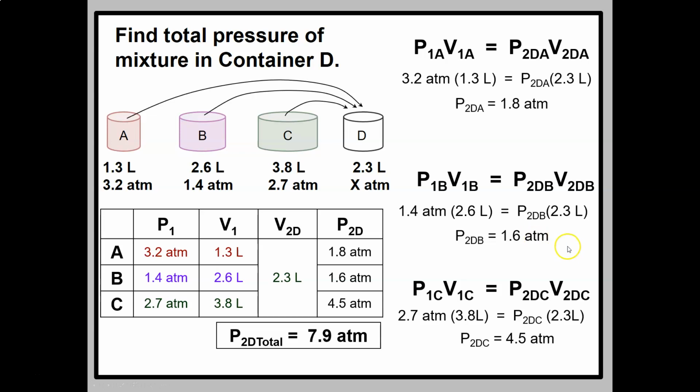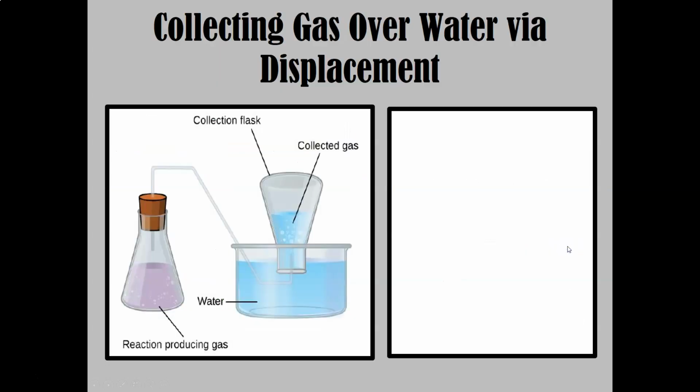All right, next is a concept that uses Dalton's partial pressures and is incredibly important to lab stuff, okay? Very, very important. When we are doing some kind of experiment that's making a gas and we collect that gas, one of the ways we do that is by collecting over water or collecting via displacement, okay?